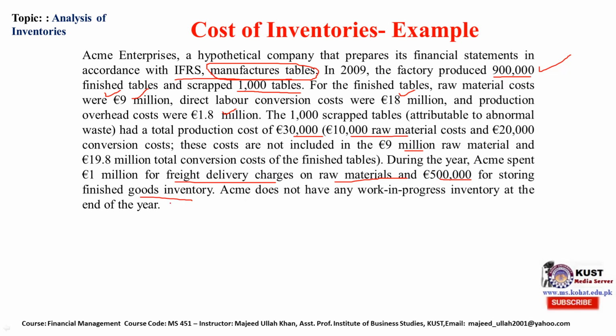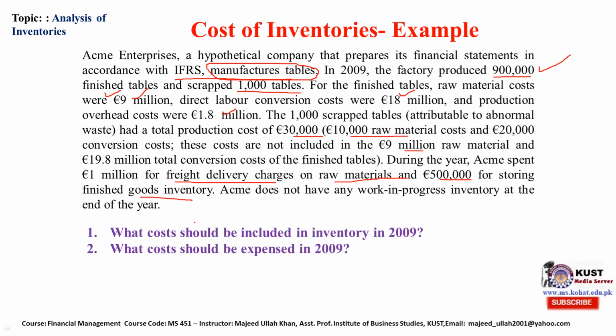So what is required? We need to determine what should be included in the inventory in 2009 and what costs should be expenses. Let's discuss briefly, and then we'll move to the next slide.